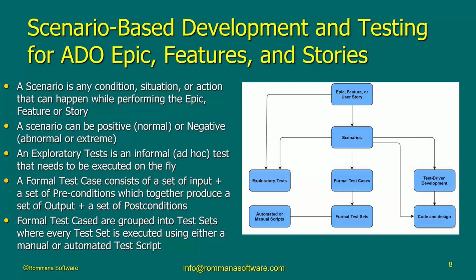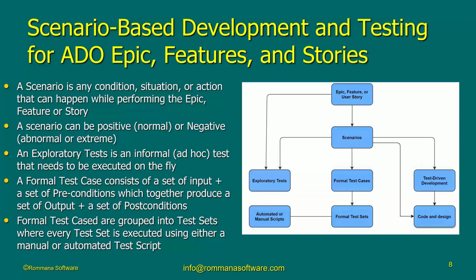In Rommana ALM, being the chief architect of Rommana ALM, I found it very useful for developers not to build their test cases based on the user stories, because user stories are still vague, incomplete, and missing a lot of details.